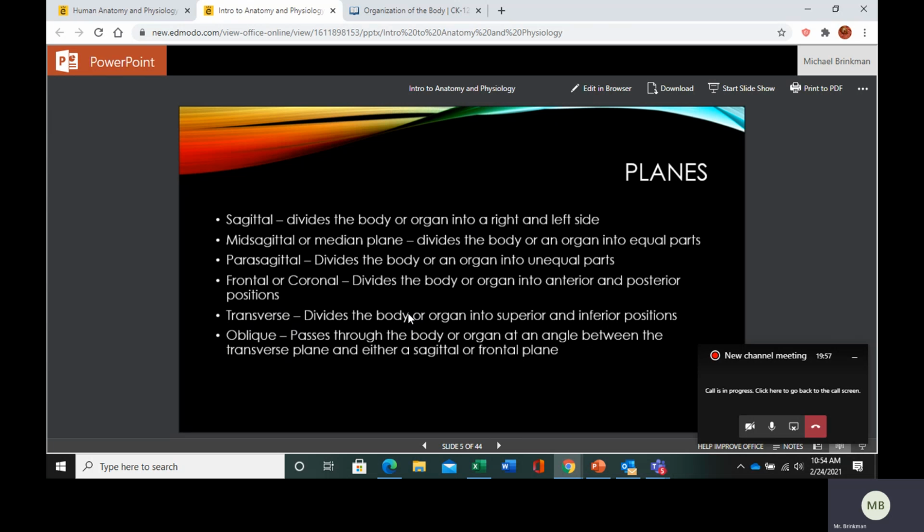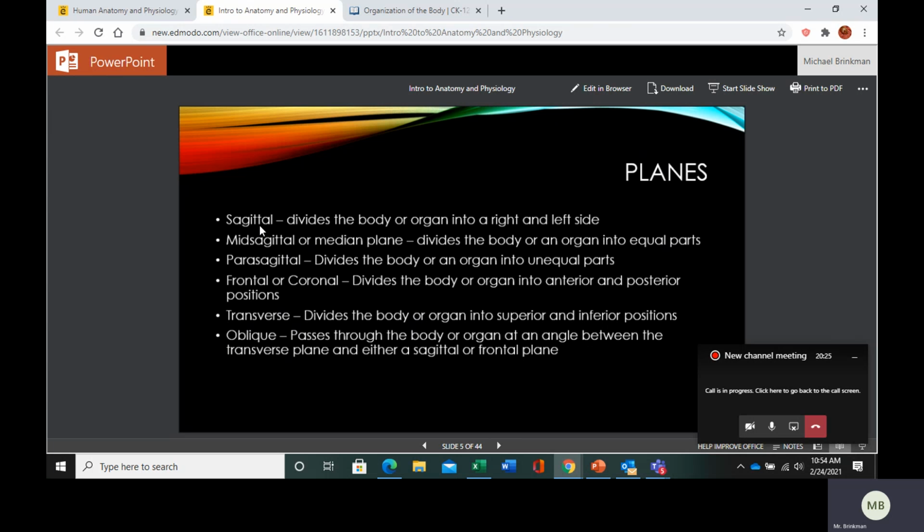Okay, and then this is slide 5. So these are the planes of the body. Planes are things that divide the body into sides or portions. So the sagittal plane is going to divide the body or organ into a right and left side. The mid-sagittal or median plane divides the body or organ into equal parts.